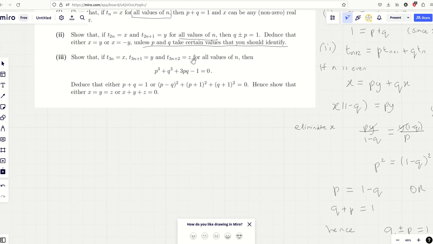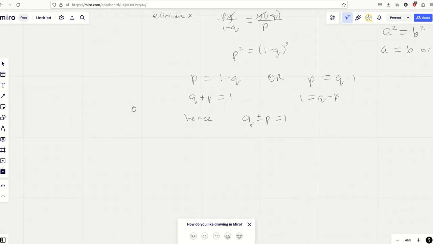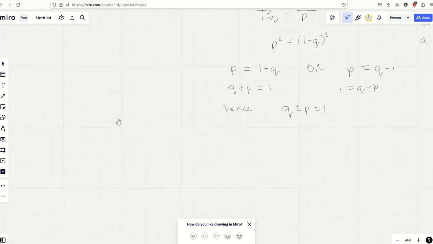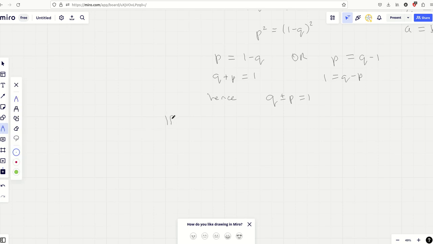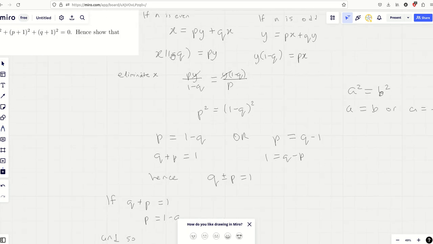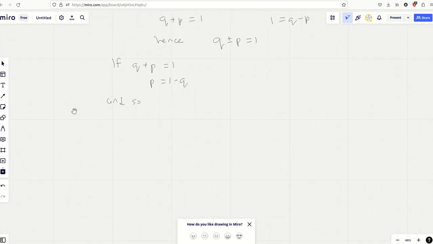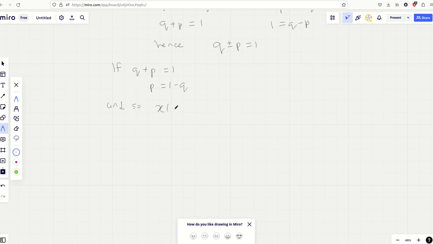So anyway, we've got to deduce first that x equals y, x equals minus y. So if we look at the first one, we can say if q plus p equals 1, then obviously p is 1 minus q, and so now if we go back to this stage, x times (1 minus q) equals py, but of course p is 1 minus q, so you get xp equals py, and so you get x equals y.